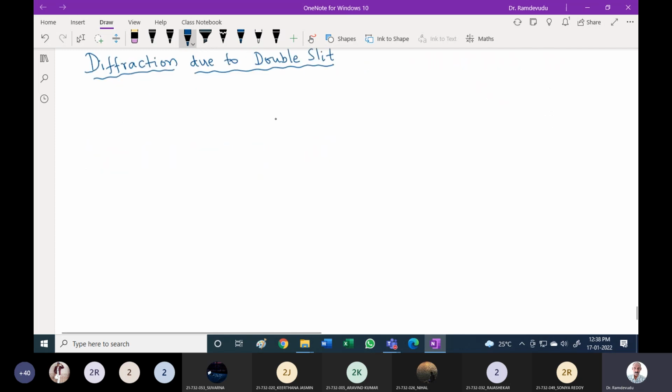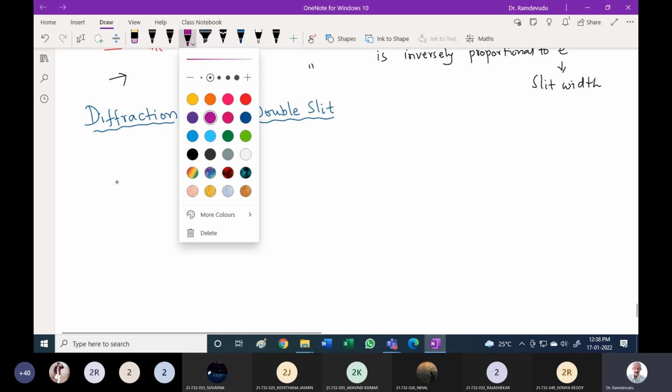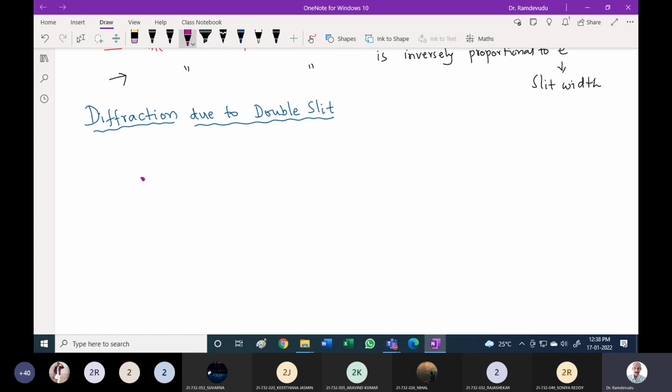Can you remember that? Now, in double slit diffraction, I take here a source. A source gives light rays coming from it, maybe like this, and the light ray may come like this.